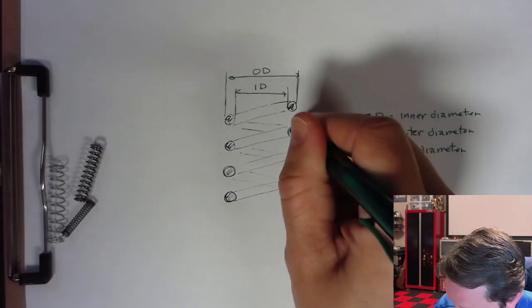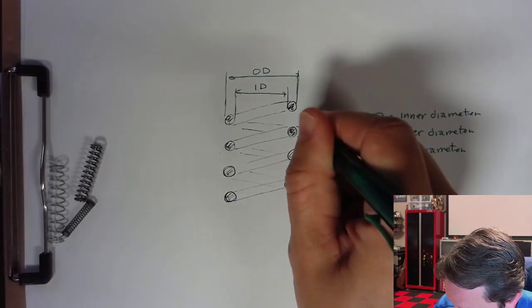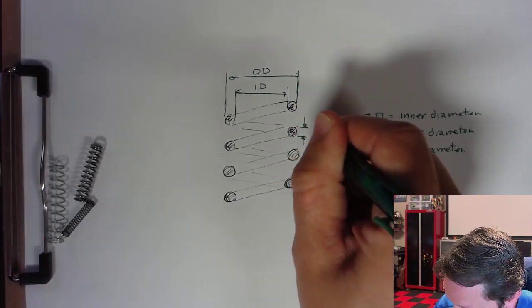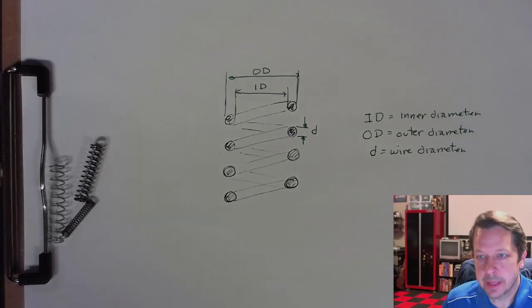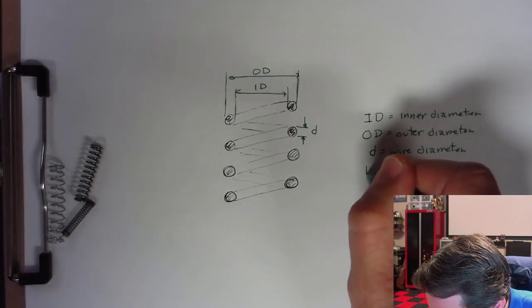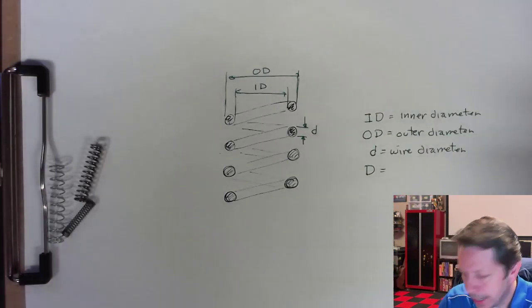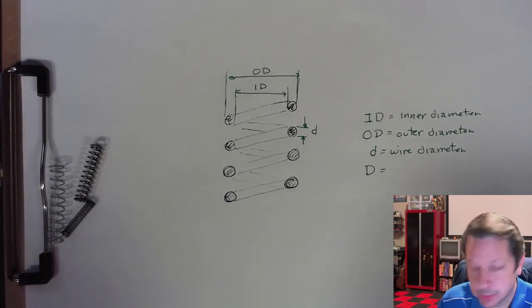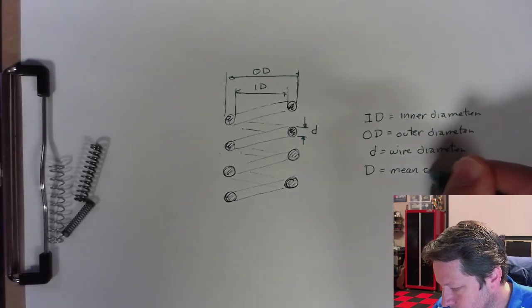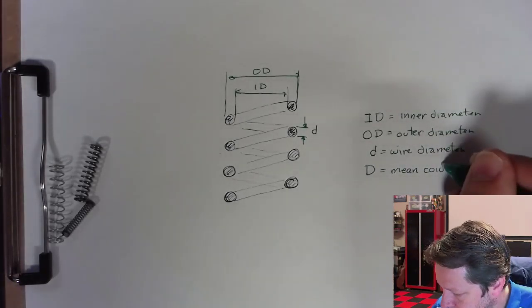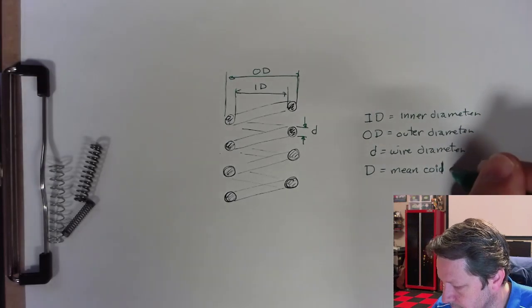So that's literally, I guess, this dimension right here. What diameter was the wire that the coil is made of? And then D, with no I, O, or any other subscripts, that's the mean, so average, coil diameter.